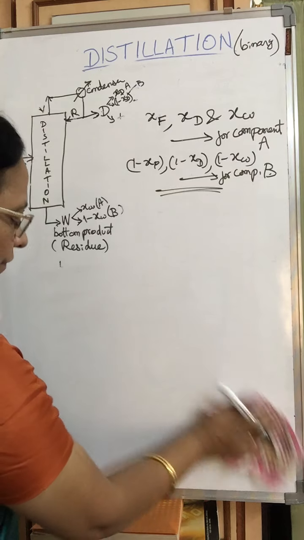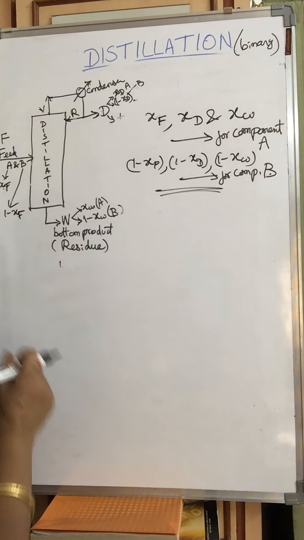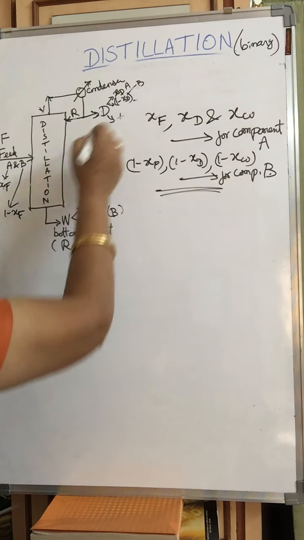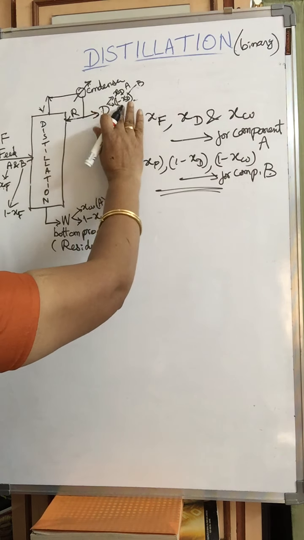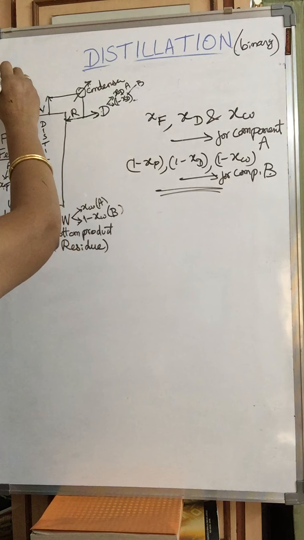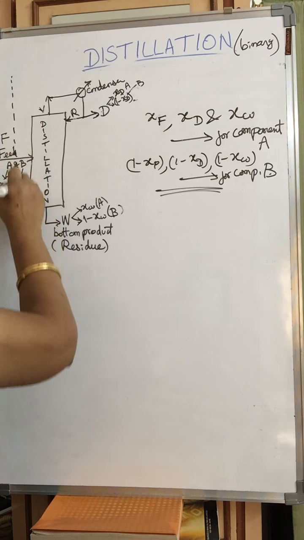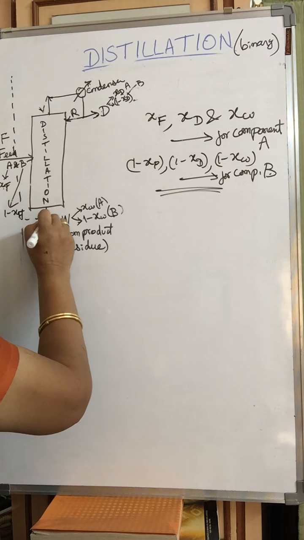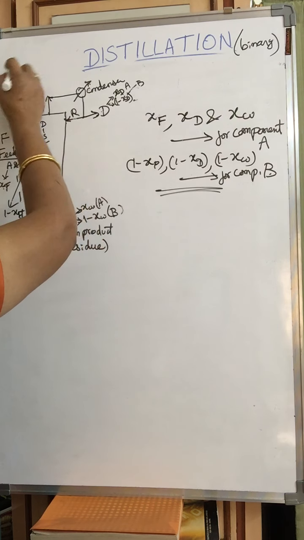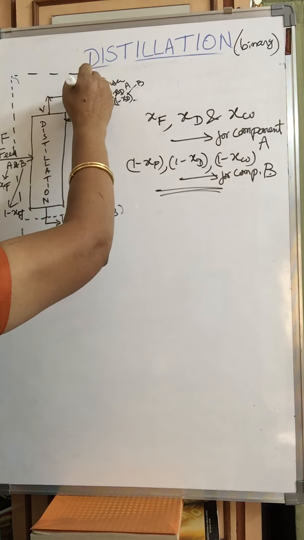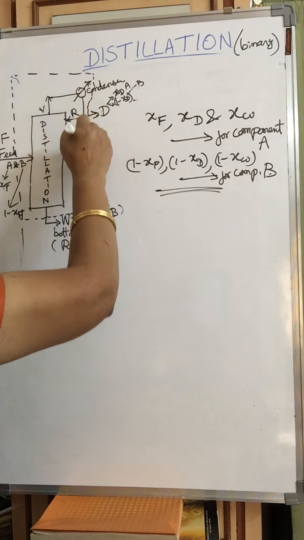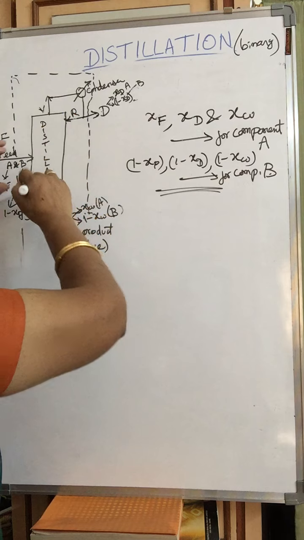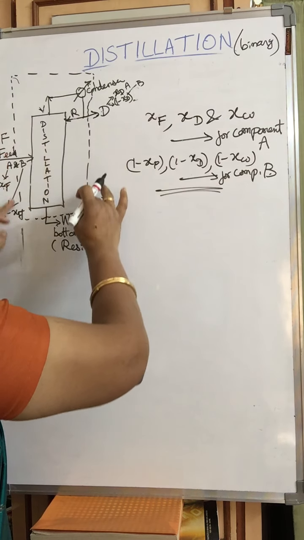So when we write the material balance, here we divide into two parts. In the first part, we consider this part. Okay, we consider this part here. We try to write the material balance for this.